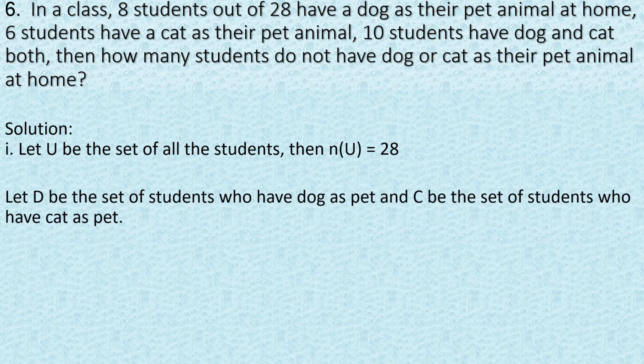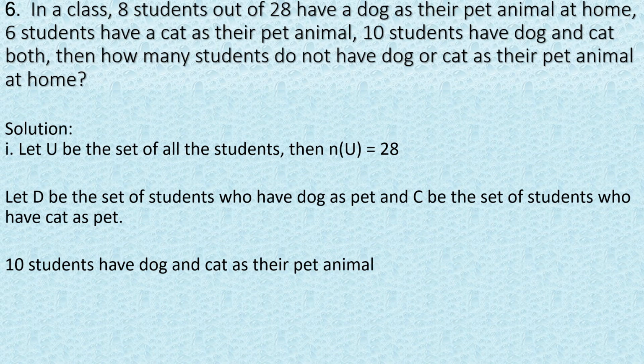Now the information provided is 8 students have a dog as their pet animal and 6 students have cat as their pet animal. So let D be the set of students who have dog as pet animal and C be the set of students who have cat as pet animal.